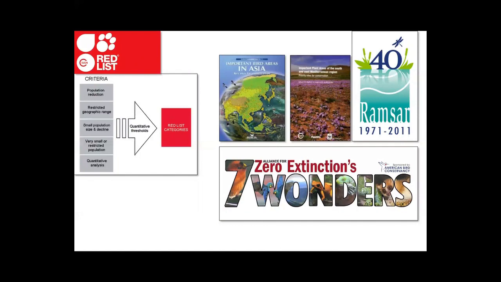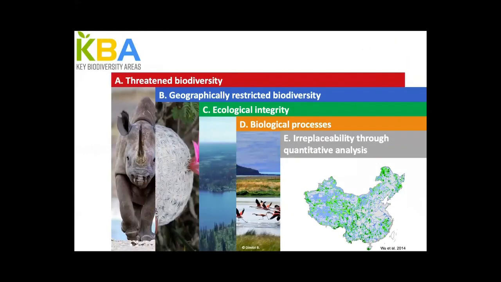The development of the specific key biodiversity area criteria and thresholds was informed by decades of experience identifying important sites for biodiversity, including experience with Alliance for Zero Extinction sites, Important Bird and Biodiversity Areas, Ramsar sites, etc. Most previous approaches to identifying important sites have been primarily species-based, and the KBA standard goes beyond that to identify sites that are important for ecosystems, biological processes, and ecological integrity.